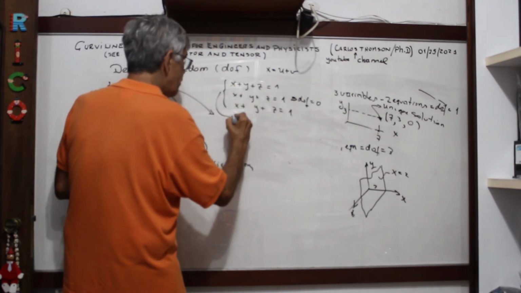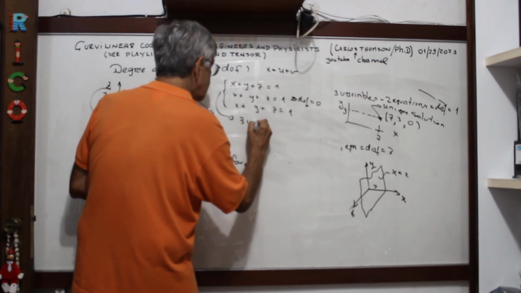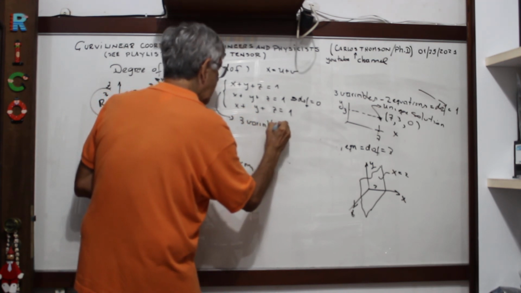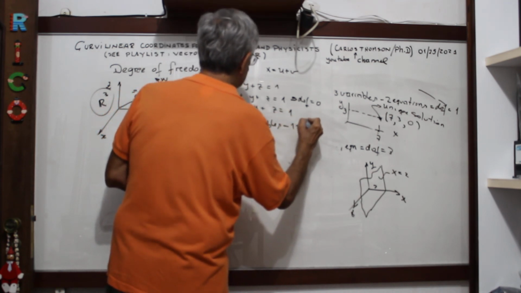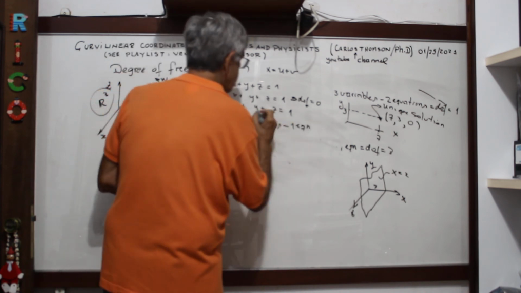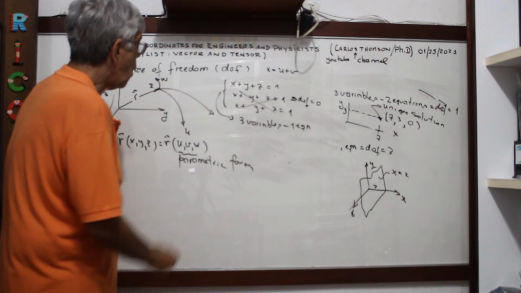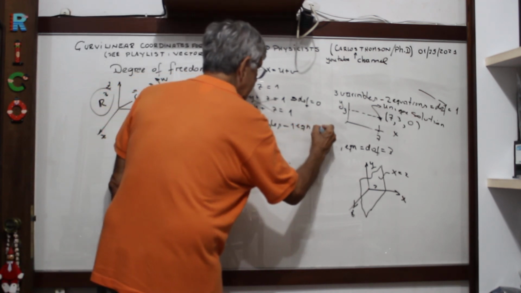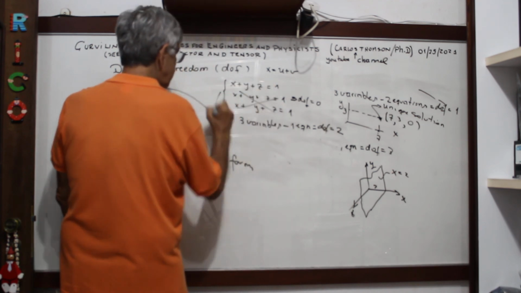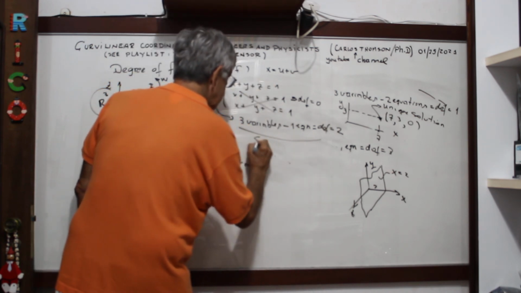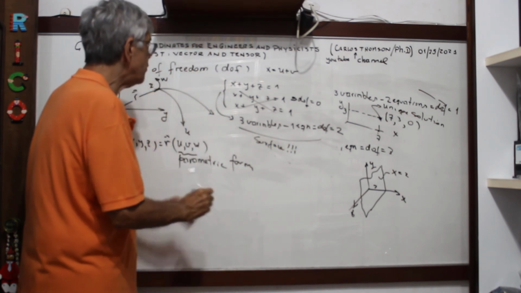Here I have one equation. I have three variables minus, in this case, one equation, because I can neglect those two. So the degree of freedom is equal to 2. So this is a surface. Be careful on this, okay?